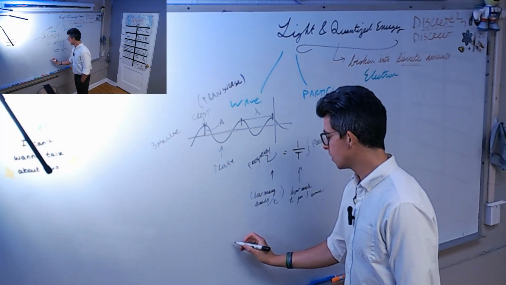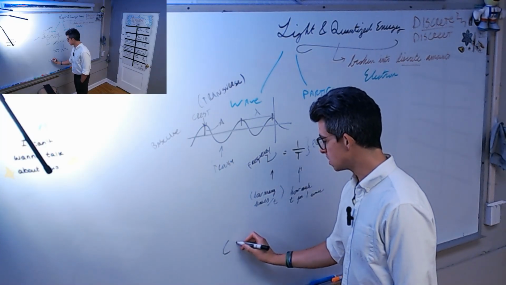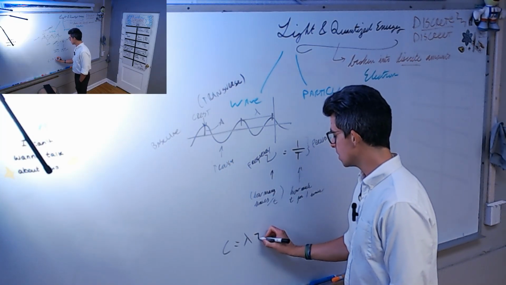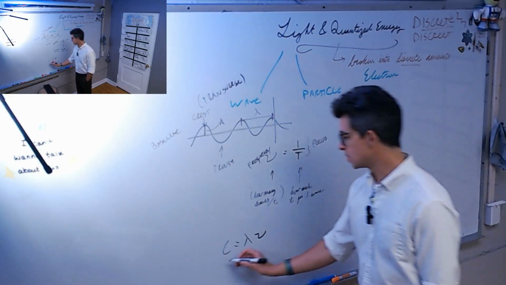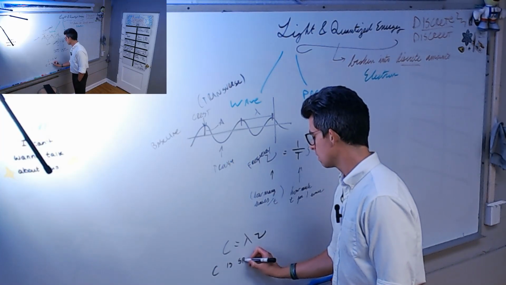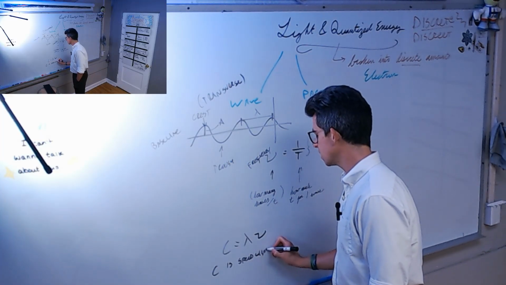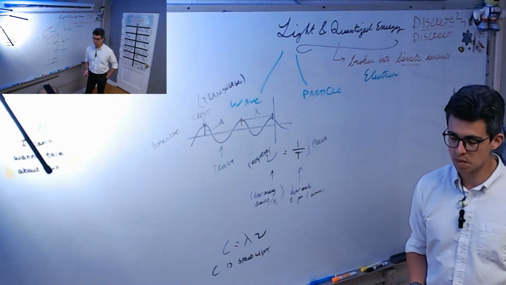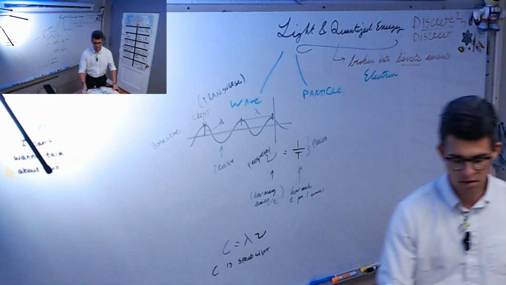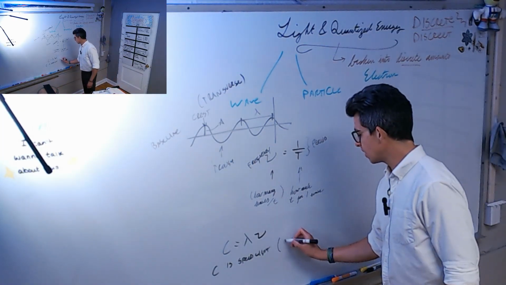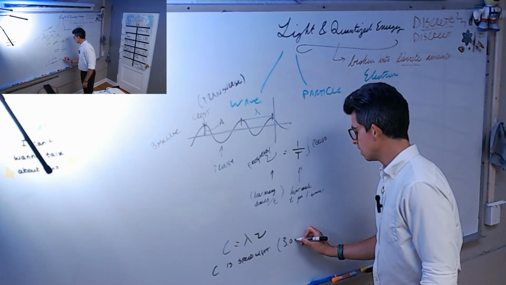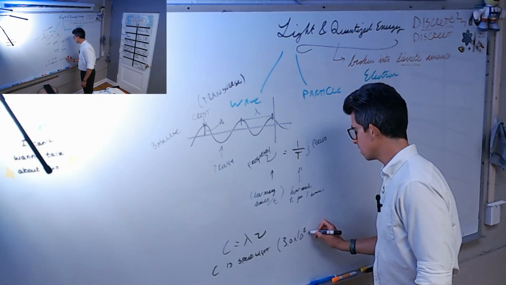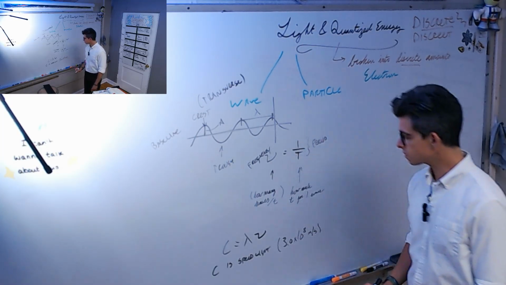So we end up with the equation for light, c, which is the speed of light, equals lambda nu, where c is the speed of light, which you don't just have to have its units memorized, you can have its quantity memorized. The quantity of speed of light is 3.0 times 10 to the 8th meters per second.